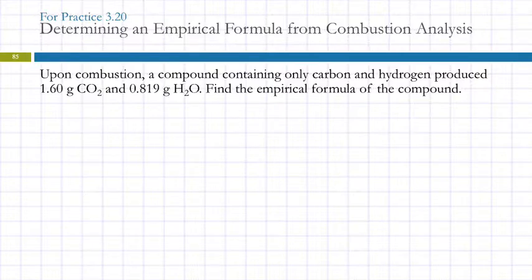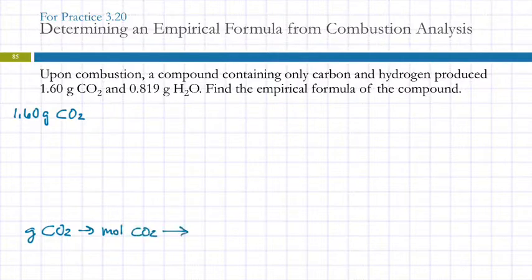So we'll start with these grams of CO2. And we need to find the mass of carbon in there. This is the sort of problem we did at the beginning of lecture. We're going to convert, maybe I'll write it down here. So the strategy here is we've got grams of CO2. We're going to convert that to moles of CO2. And then we're going to convert that to moles of carbon.